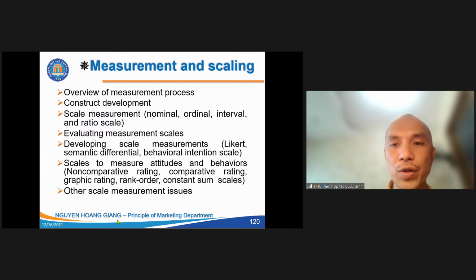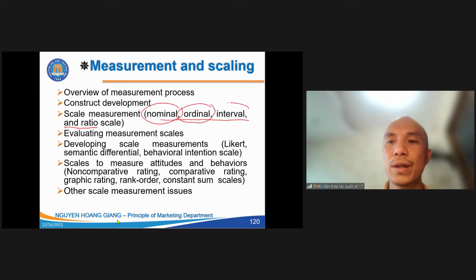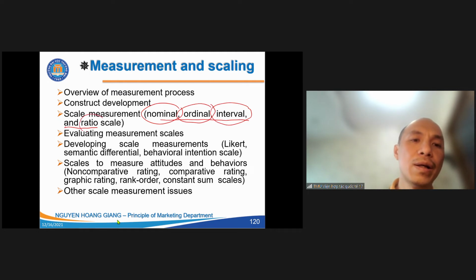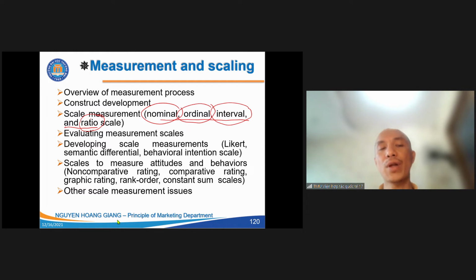We also have to choose the suitable scale of measurement. There are four different scales to use: nominal, ordinal, interval, or ratio scale. Whenever we ask, for example, about a name, or about a place, or about numbers, for each of them you have to think about the suitable scale to measure the answer.